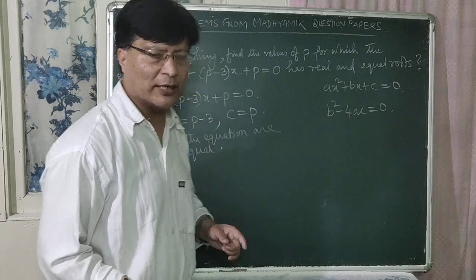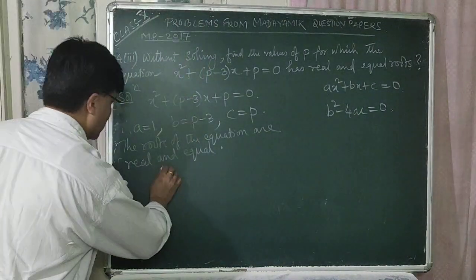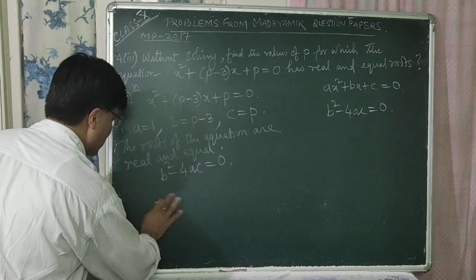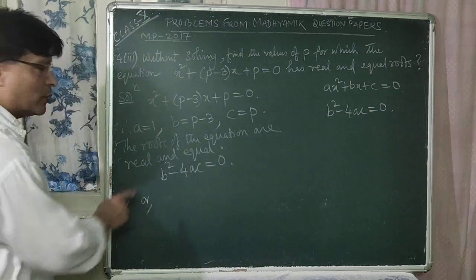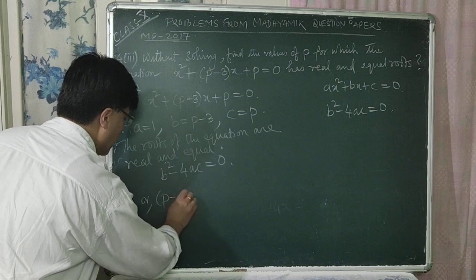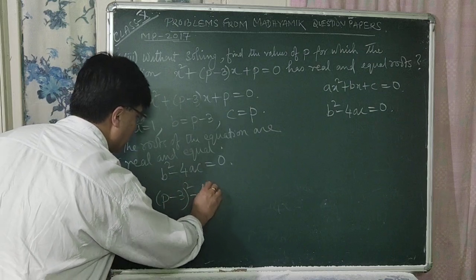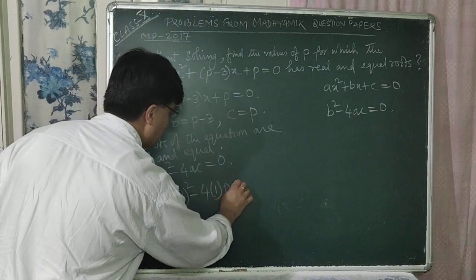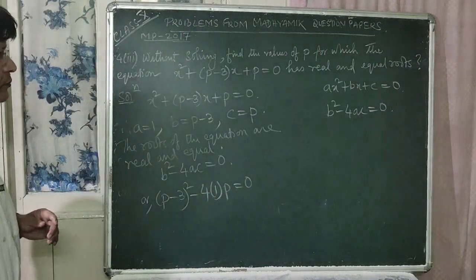Discriminant is equal to 0. That is, b square minus 4ac is equal to 0. Or what is b whole square? It is (p minus 3) whole square minus 4 into what is a? 1. And what is c? It is p, which is equal to 0.